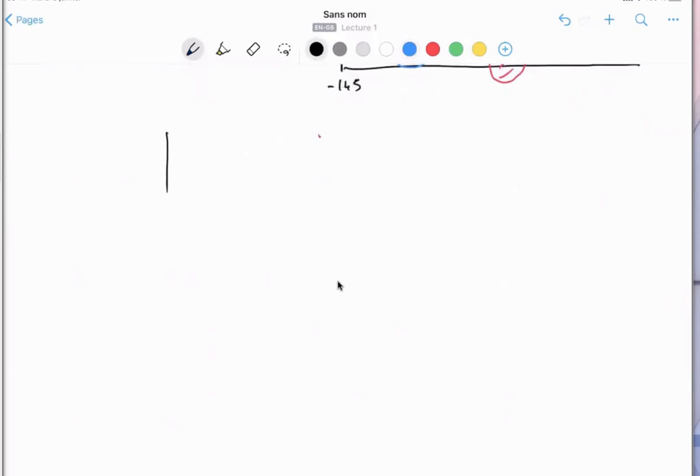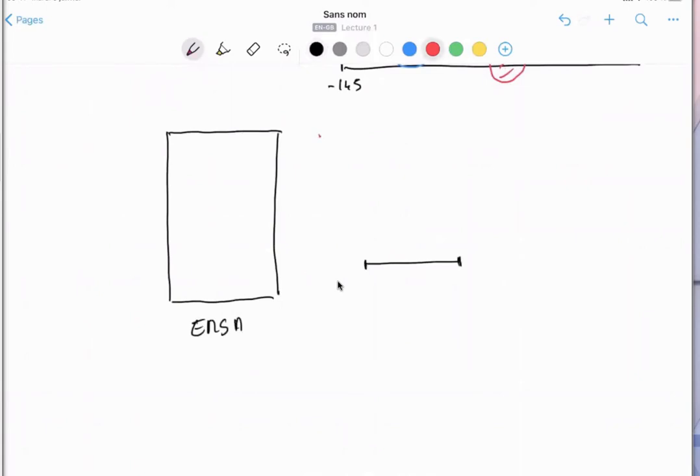Okay, let's take back the example. So this is a gel shift experiment, EMSA. And I have a fragment of DNA like that, that is able to interact with one protein. Basic situation.